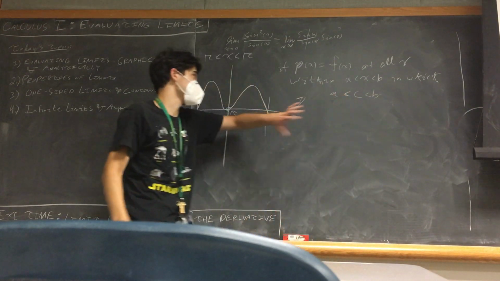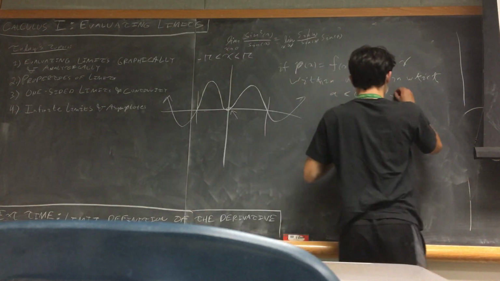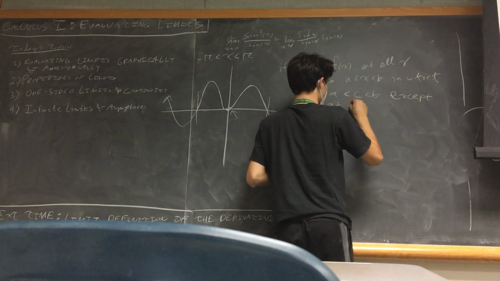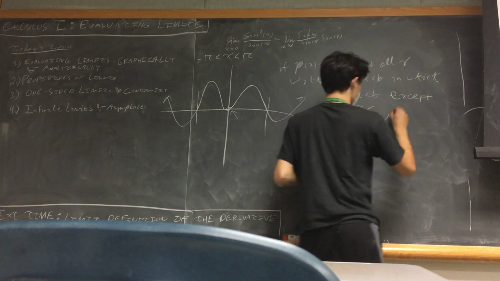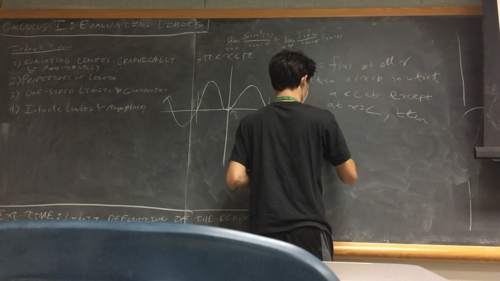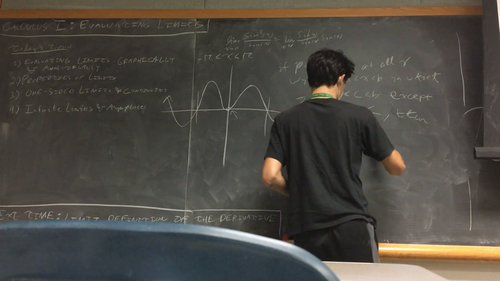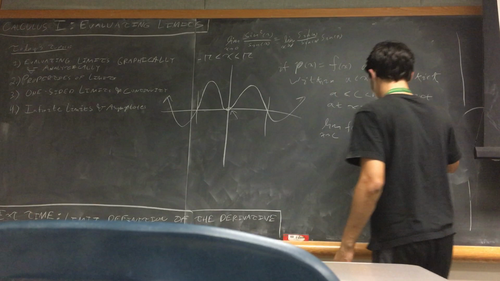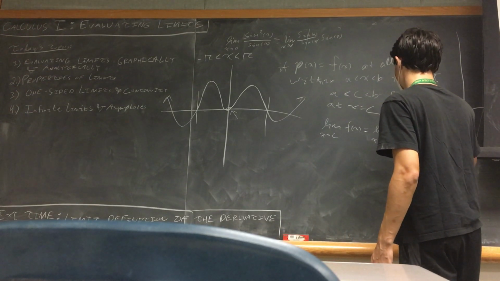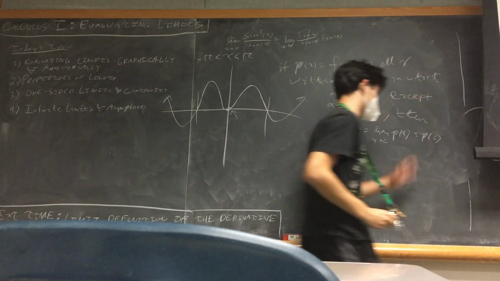So what this is essentially saying is that if this function equals f of x at all x, let me finish the statement, except that x equals c, then the limit as x approaches c of f of x is equal to the limit as x approaches c of p of x, which is equal to p of c.